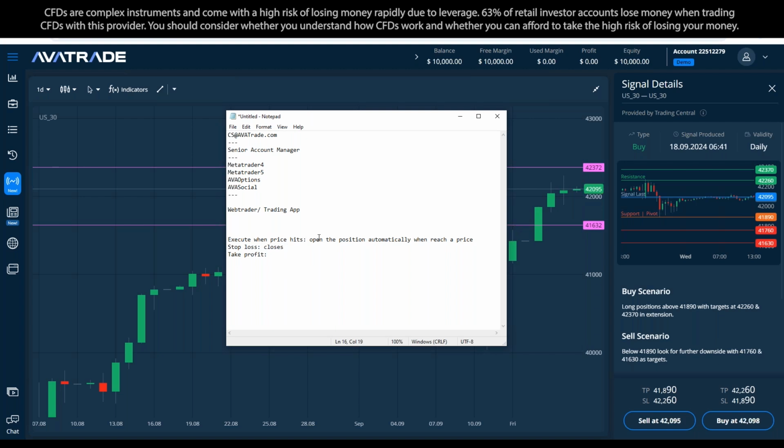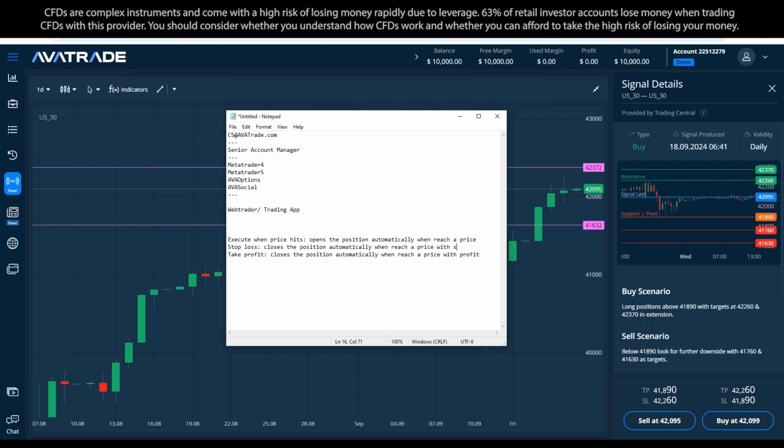Close, sorry, this one. Close the position automatically when reaching the price. The only difference is this one closes it with a profit, this one closes it with a loss.